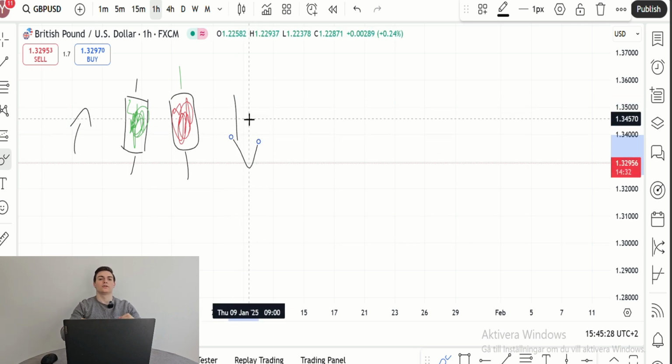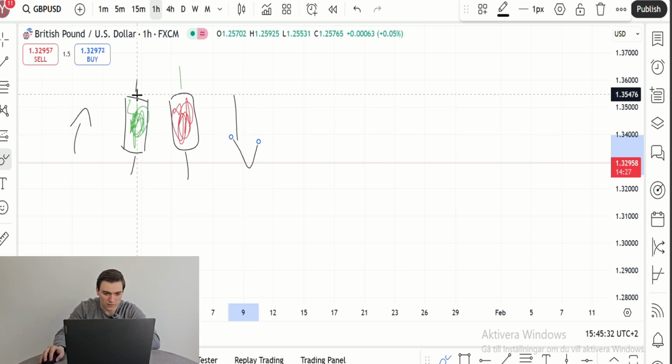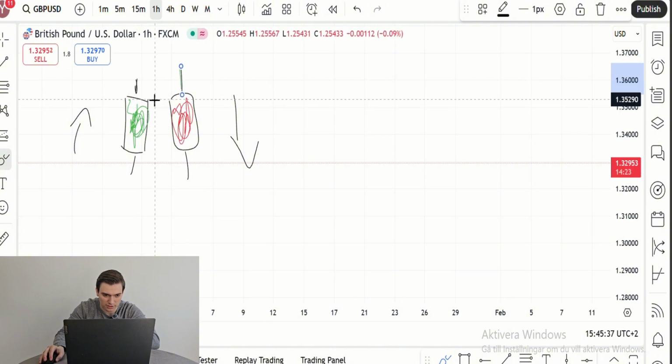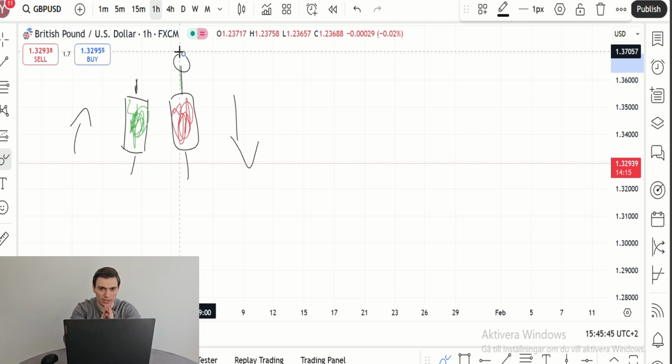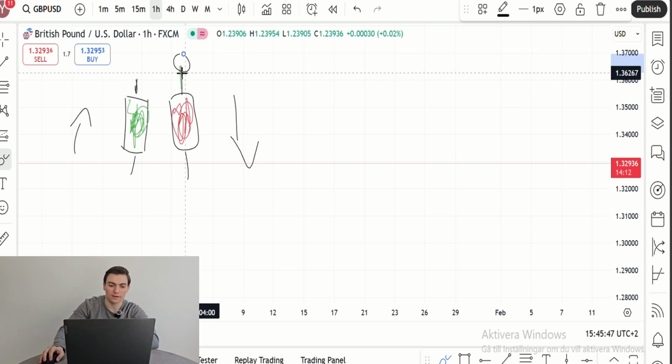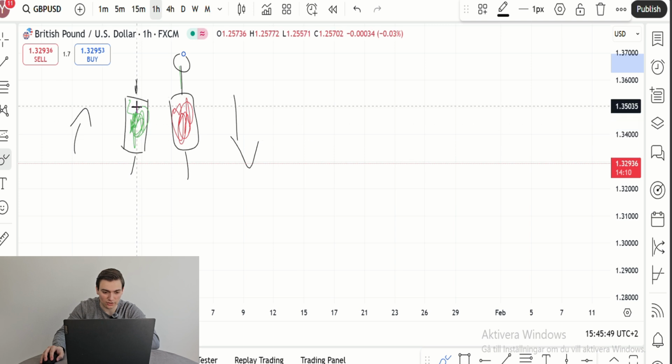Now you're asking, what is the high right here? Well, I'm going to make the wicks a little bit different so you understand it better. The high will be here. This will be the high because it's the longer wick. When it's a bullish candle and then a bearish candle, there is only a high, there is never a low.